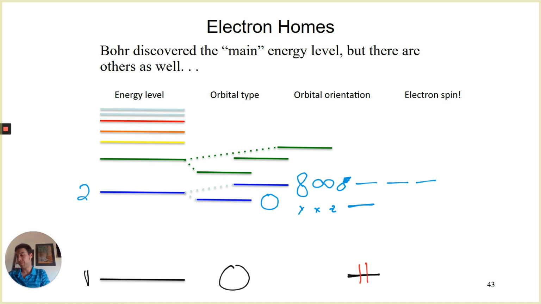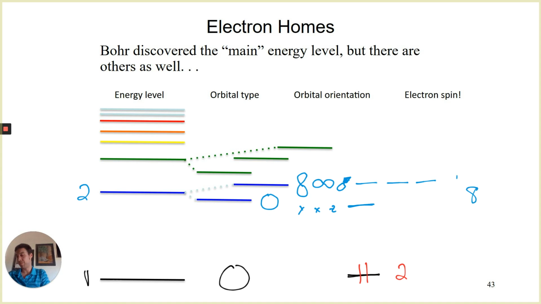How many elements are in the first row? I'm going to bet your answer came in as 2. We only had 2 electrons. Interesting. Let's move to the second row on the periodic table and count how many elements you see in the second row. I'm going to bet you came up with 8.